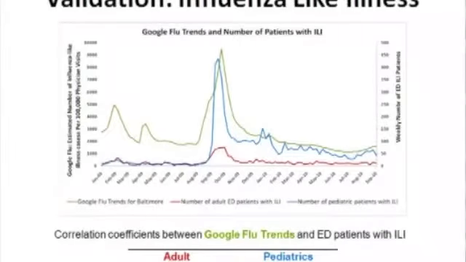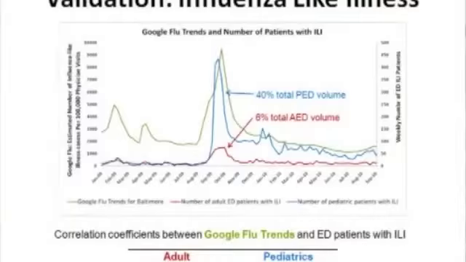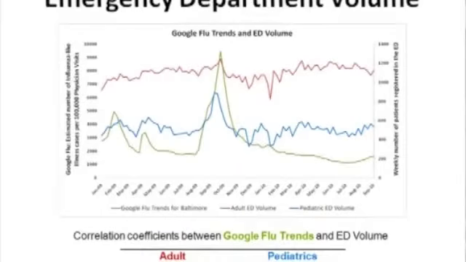This is just the validation with influenza-like illnesses, which is what Google Flu Trends aims to correlate with. Again, you're seeing strong correlations with both the adult and pediatric populations. You see the high peak of the pediatric volume, in blue, and 40% of the total ED volume was coming into the emergency department with ILI during the peak of the H1N1, which is just profound. With such a high volume of ILI, naturally that's also going to be driving the ED volume in the pediatric ED, which you see here.